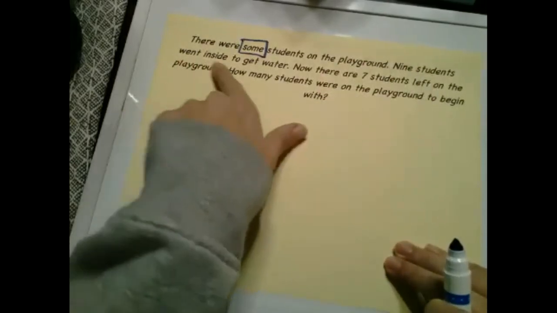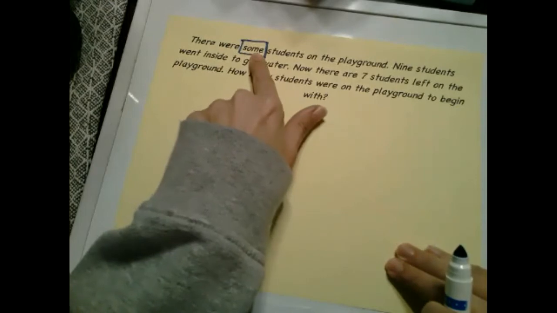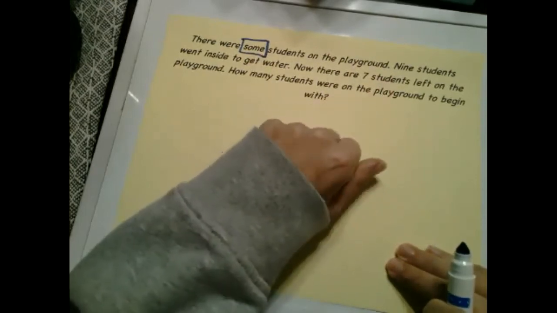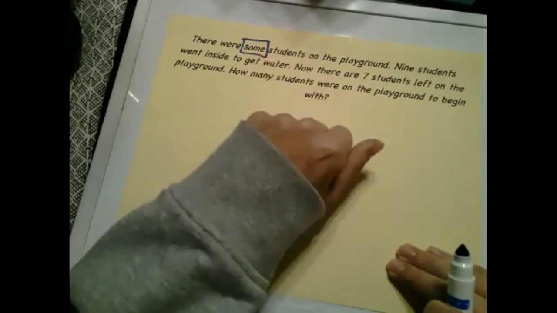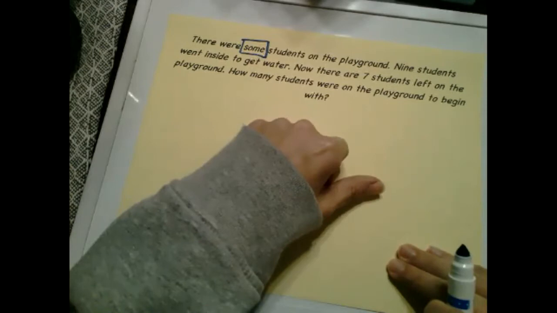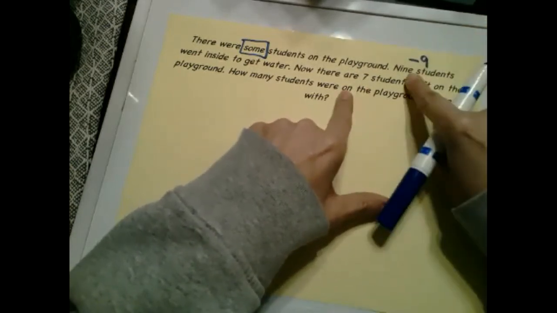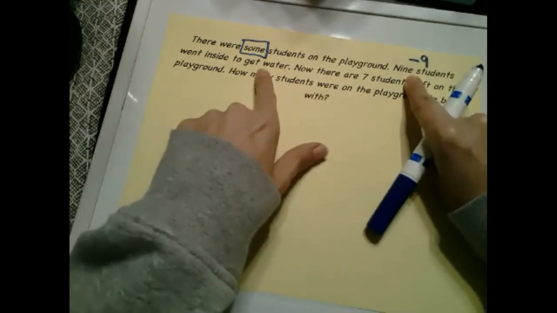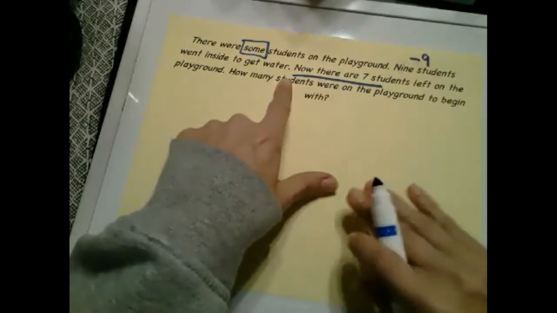9 students went inside. So there were some and 9 students went inside. So am I going to be adding 9 more or subtracting 9? That's right, I'm going to be subtracting 9 because these 9 students went inside. Now there are 7.